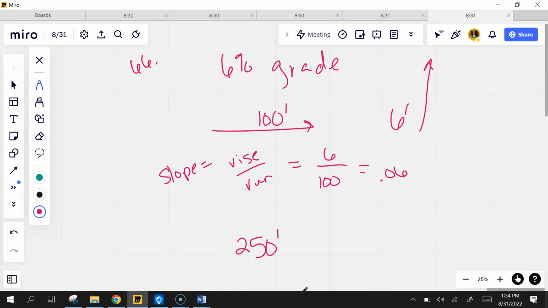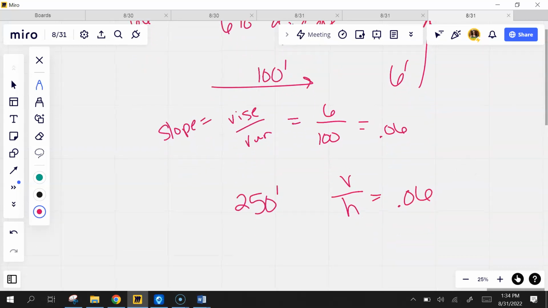So what do you have to do? You need vertical divided by horizontal to always equal 0.06. So if you want your vertical to be 250, what would you need your horizontal to be for this to equal 0.06?